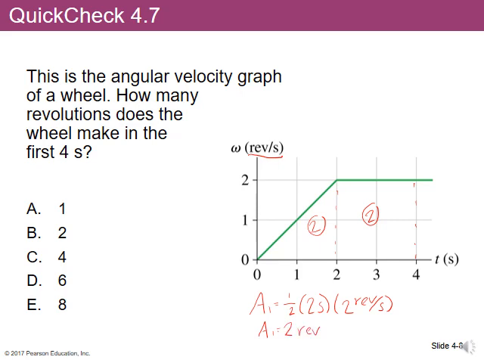All right, what about the second part here? Well, that one's a little easier, right? A2 is a square. 2 seconds times 2 revolutions per second, which is 4 revolutions. So what's the total? How many total revolutions does it make? The sum of these, 2 plus 4, or 6.